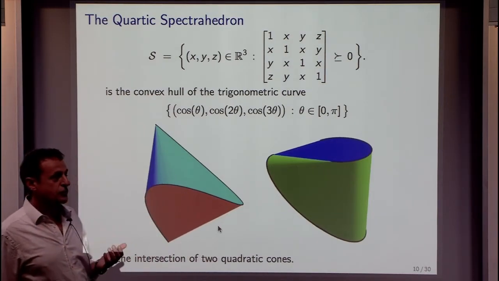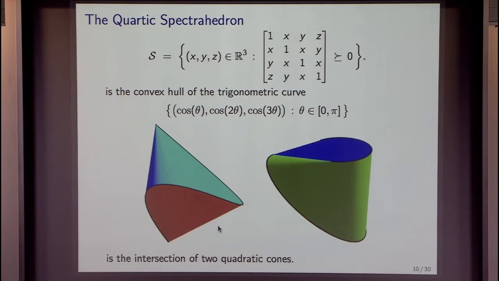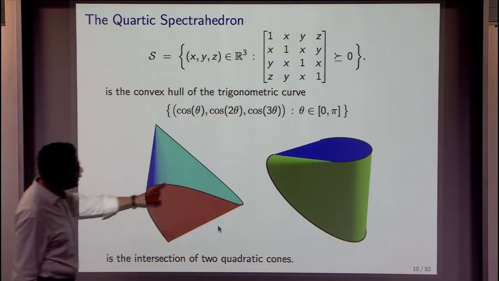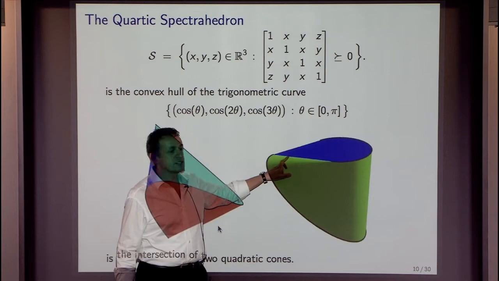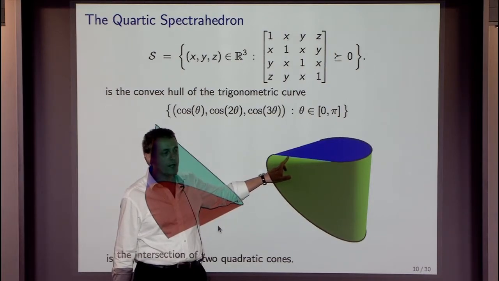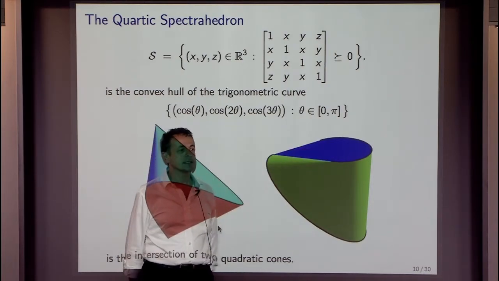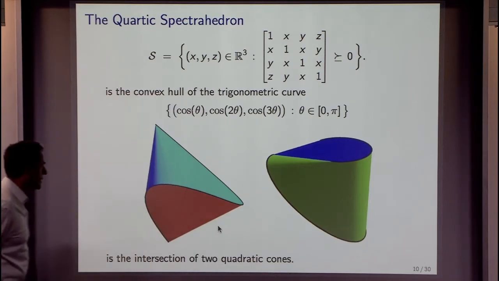There's also a definition of exposed face. An exposed face of a convex body is a subset at which a linear functional attains its minimum. Every exposed face is a face, but not every face is exposed. So here this edge is a face, but it's not exposed. There's no linear functional that is minimized exactly at that edge.